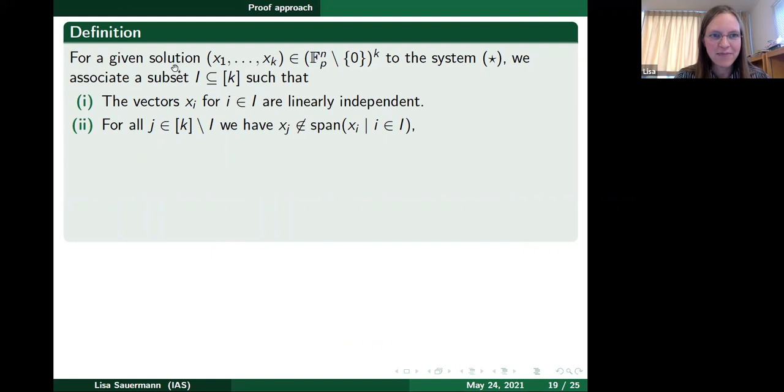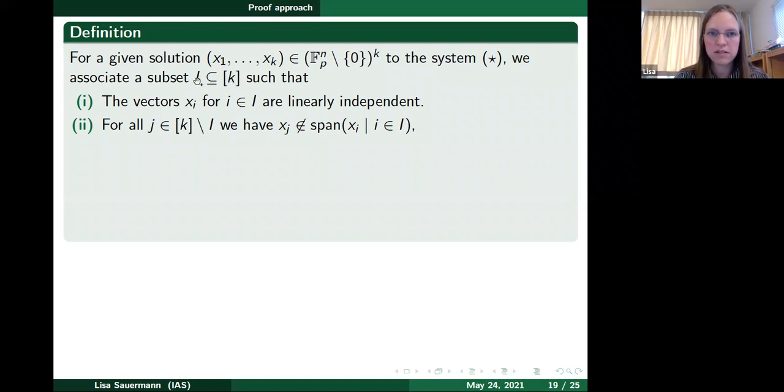So in our inductive setup, we first need some complicated-looking definition. What we say is that if we have a solution x1 to xk in F_p^n, where the vectors x1 to xk are all non-zero, to our system star, then to any such solution we want to associate a subset I of the index set from 1 to k with the following additional property.